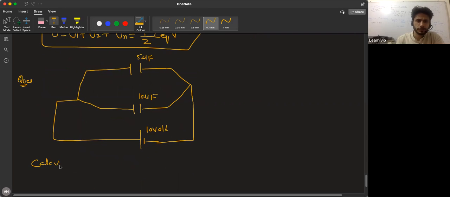Calculate: first part, the equivalent capacitance. Second part, the total voltage across the circuit. Third part, the total charge.